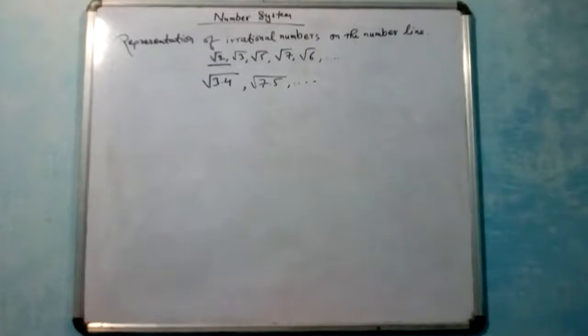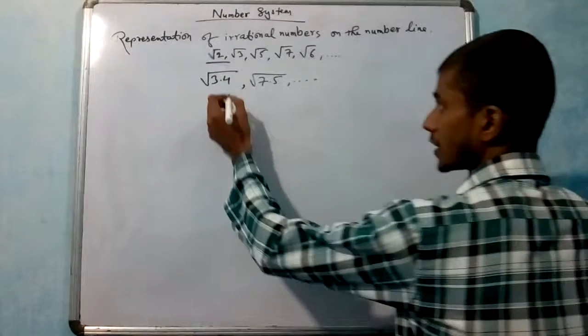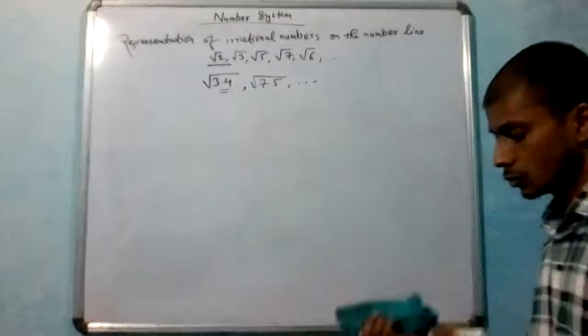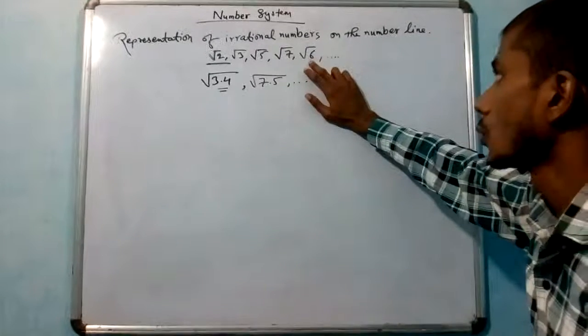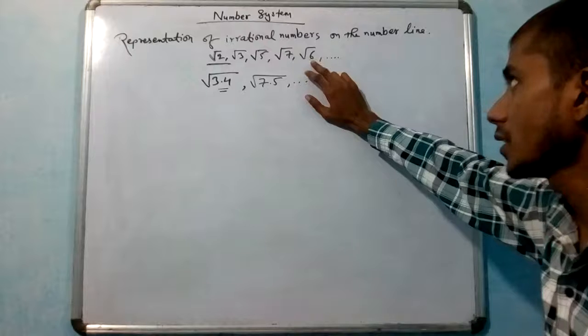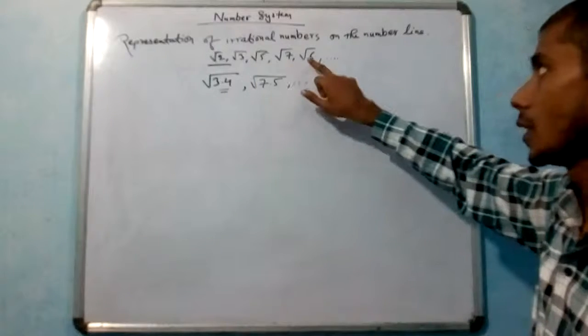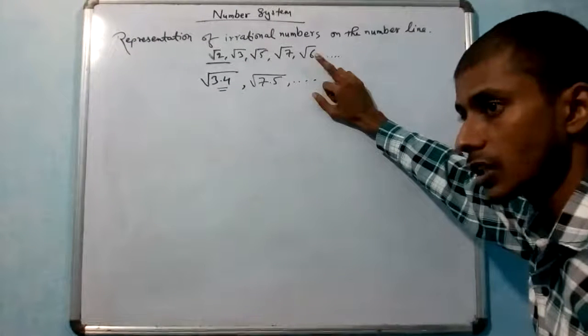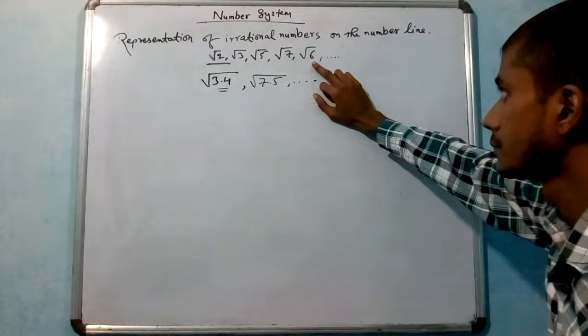So how to represent the irrational values of decimal fractions? How to represent that? There is a direct way. See, if I ask you to represent root 6 on the number line, can you represent it directly without representing root 5?